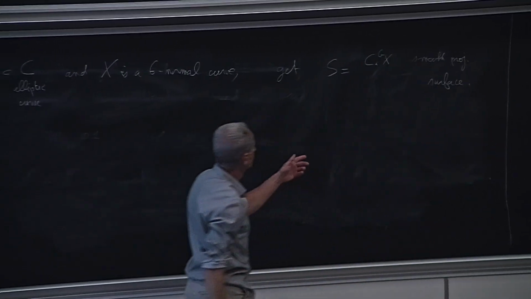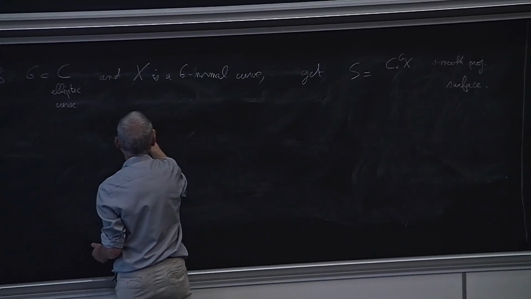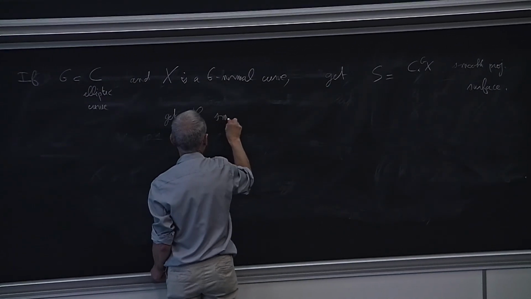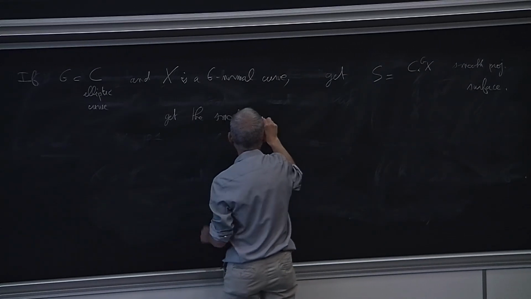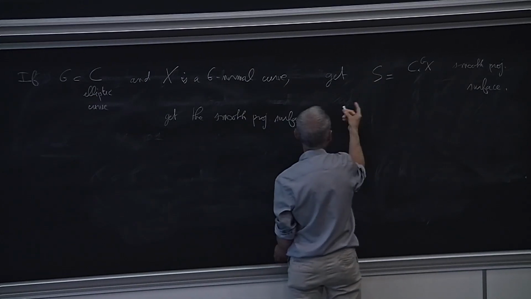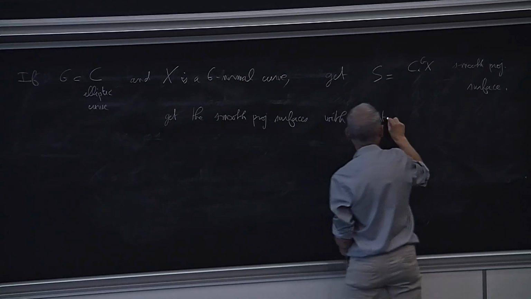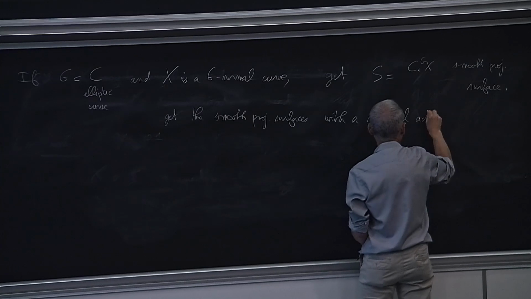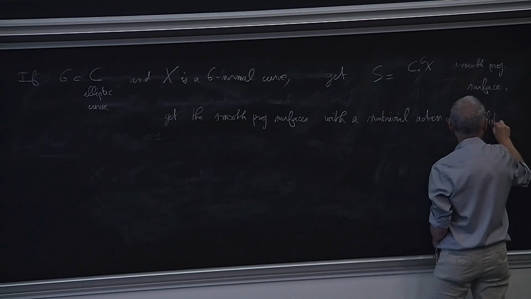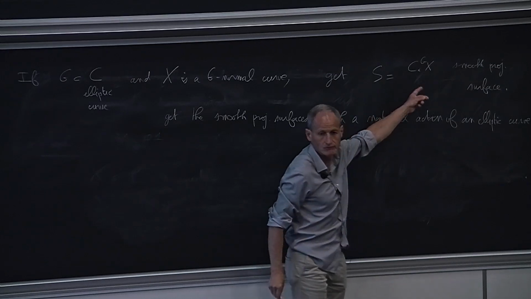And you may wonder what kind of surfaces you get in this way, and the answer is smooth surfaces with a non-trivial action of an elliptic curve, which here is a translation action of the curve on itself.